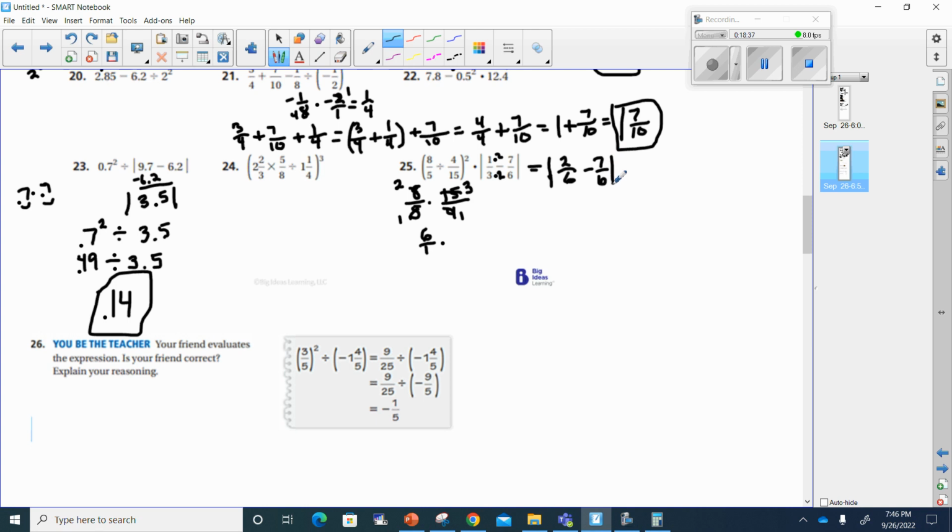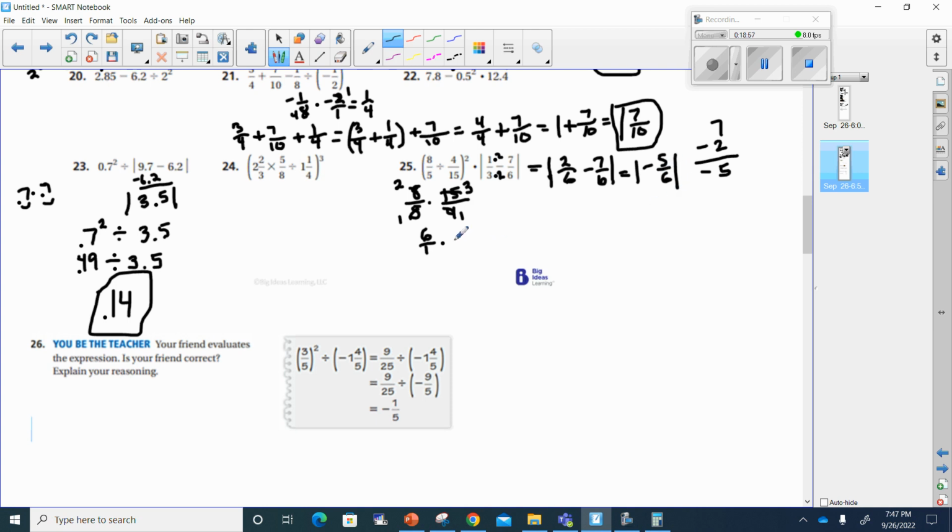Since I've got to do this first, I'm going to take the big number minus the small number. Big number is 7, small number is 2. 7 minus 2 is 5. And since the big number is negative, it'll be a negative 5. So this is going to be equal to the absolute value of negative 5 over 6.